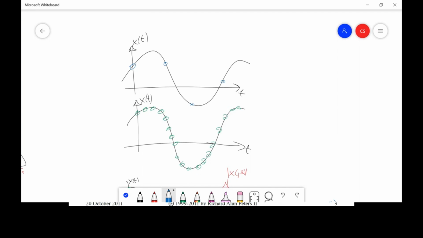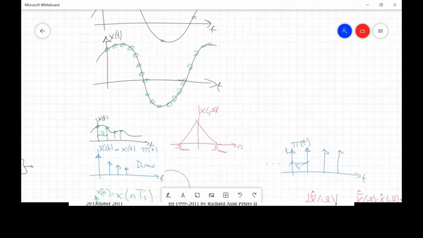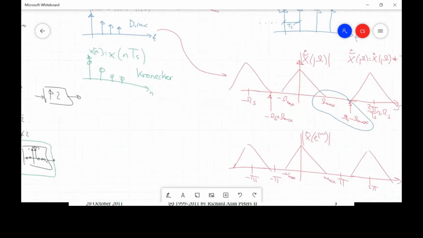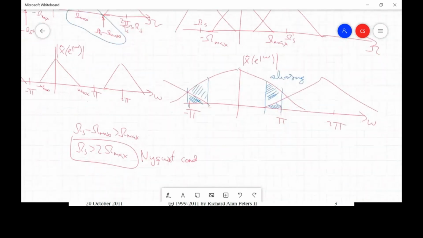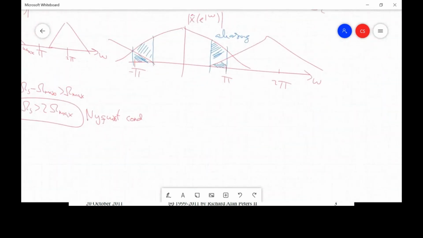Aliasing is, let's go to here. Where do we have aliasing? Here. This is our aliasing. Okay, so let's say that our spectrum is only made of a couple of deltas.